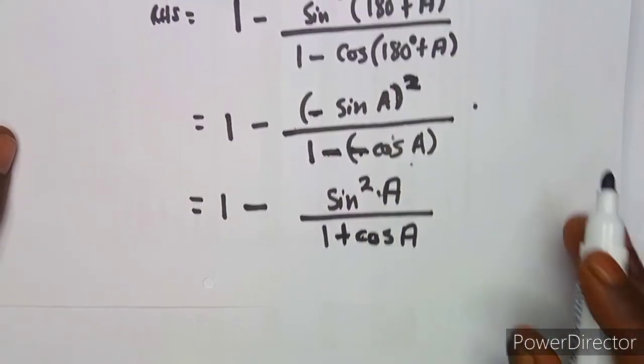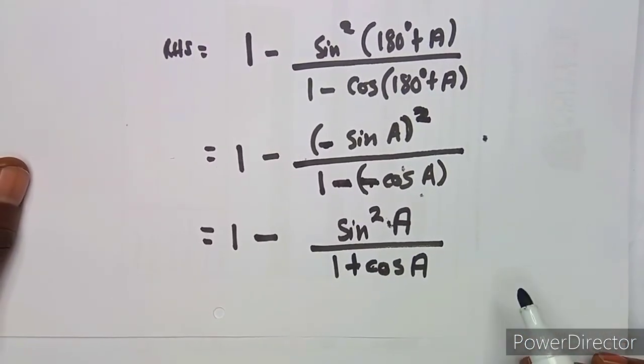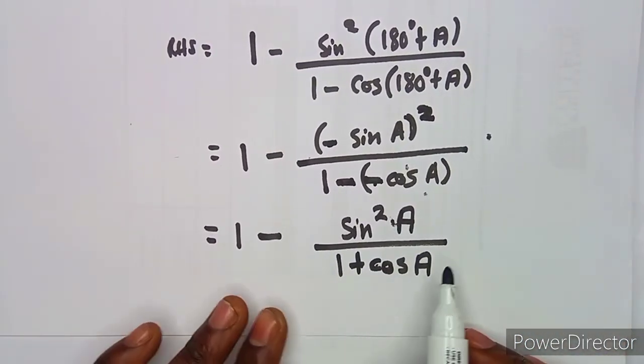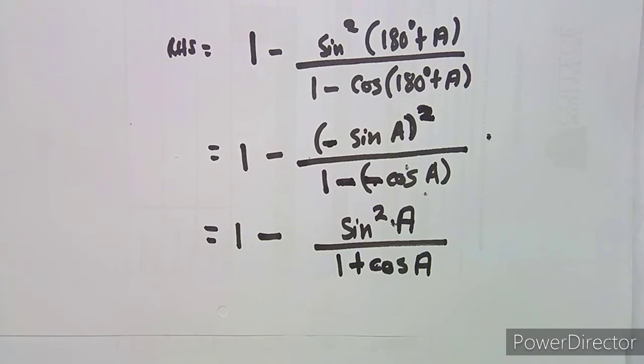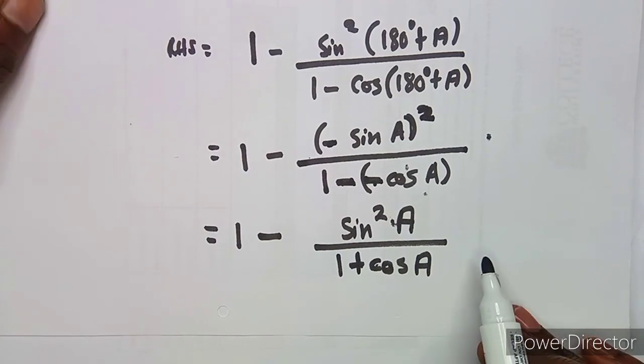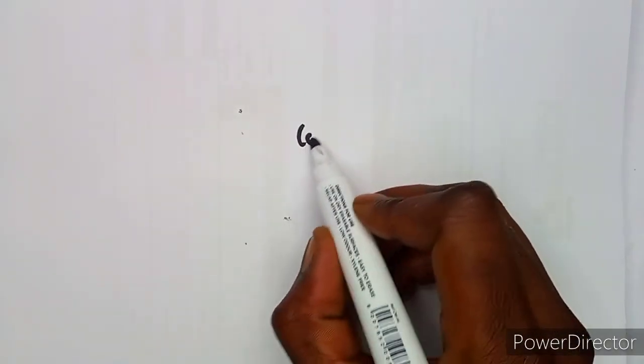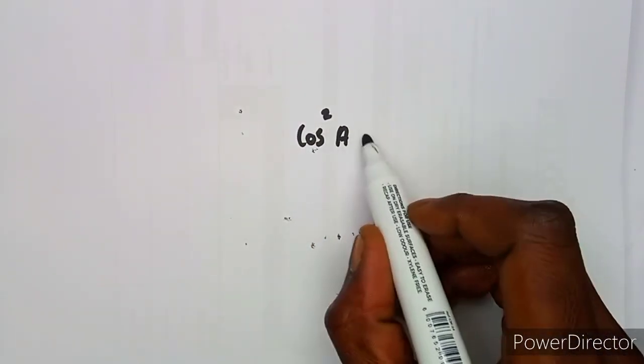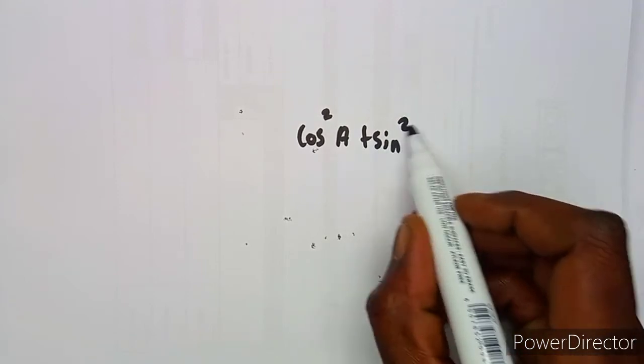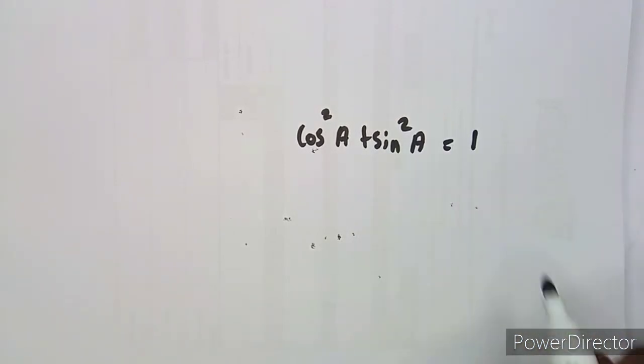All right, now that we are at this stage, we have to try to simplify further in a way that we actually understand our identity. So it's now a matter of identities here, and from the Pythagorean identities, we have got cos squared a plus sine squared a, which is equivalent to 1.